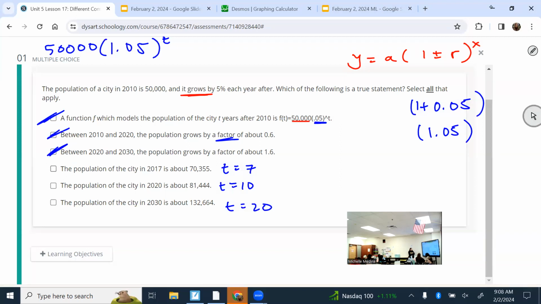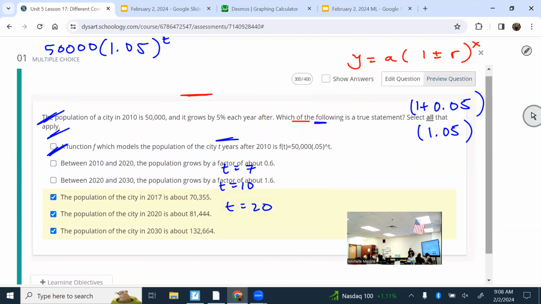So I would pick that one. When I change the exponent to 10, would you say it's pretty close to 81,444? Yes. And when you change the exponent to 20, would you say it's about 132,664? Yeah. Okay, so let's see what the key says.